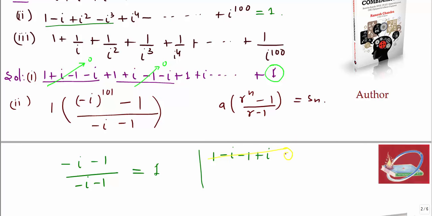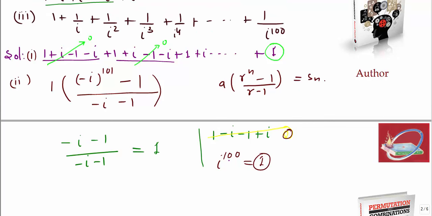This is equal to 0. This is equal to 0. So at the end, since there are 101 terms, you will get I to the power 100 as a single term, and that is equal to 1. So you can think differently as well.